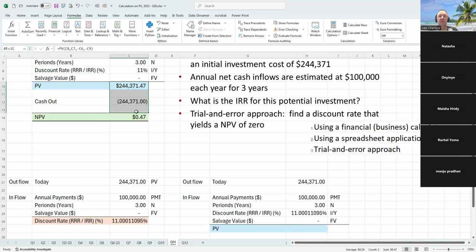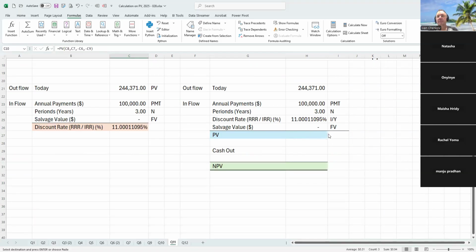So if I plug those numbers, I should naturally get present value 0. Sorry, not that one, that's copied. I have to just paste the formula. Did I get net present value 0? Yes, by using this percentage. So that means my internal rate of return is 11%. Make sense? It does.